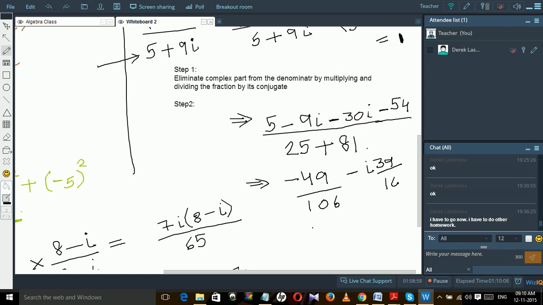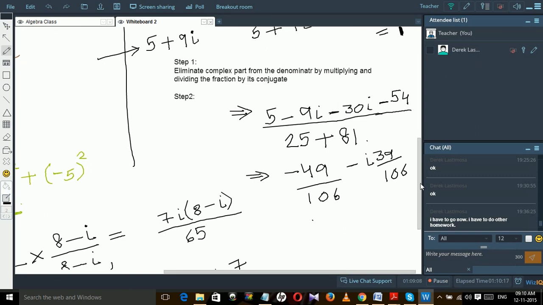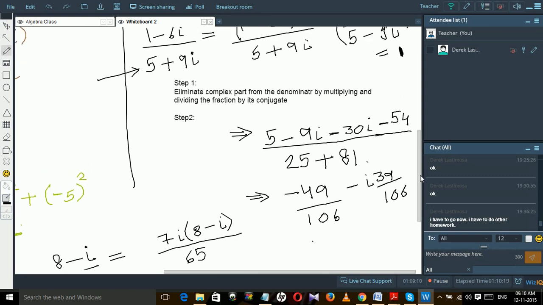And the denominator is 106, and this is minus 39i by 106. It's as simple as that.